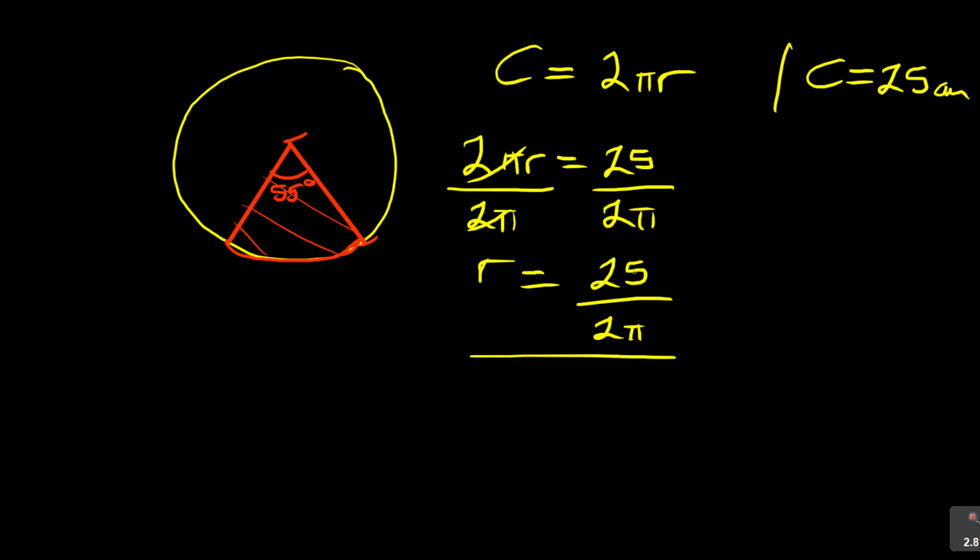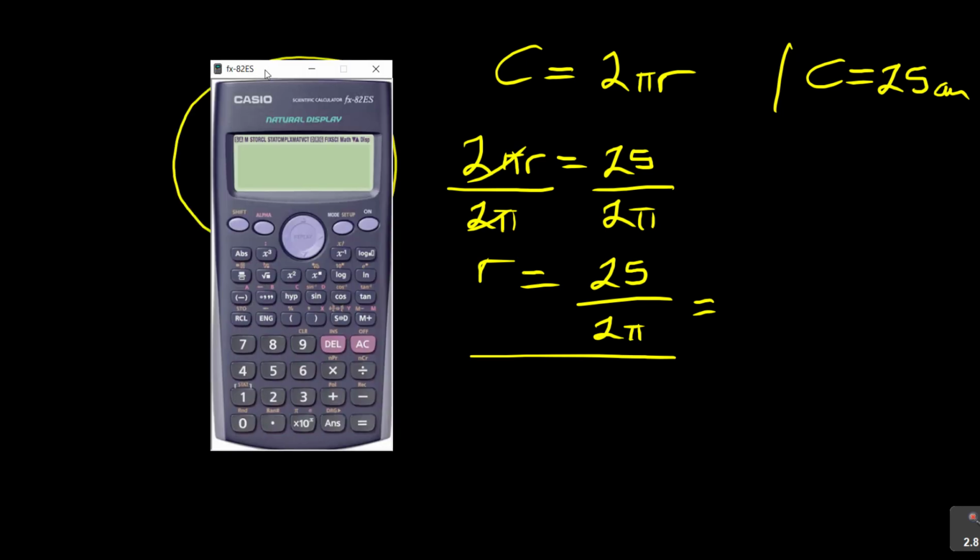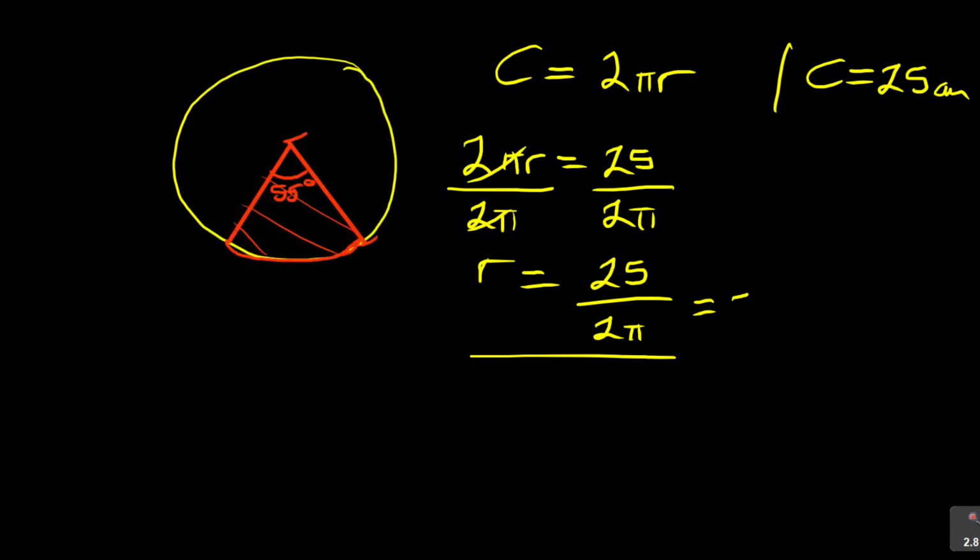If you want, you can find the actual answer: what is 25 over 2 pi? Then you have 3,9788, which is 3,979, which is 3,979 centimeters. That is the radius.